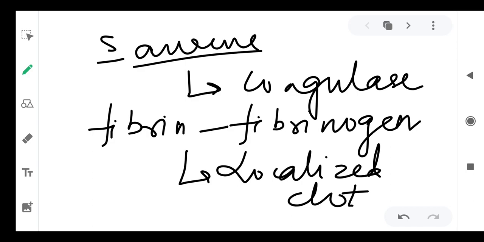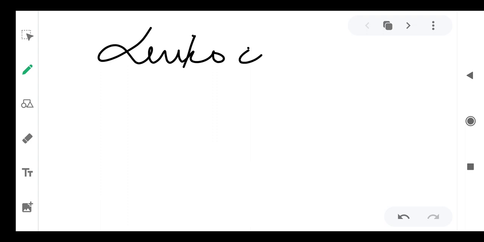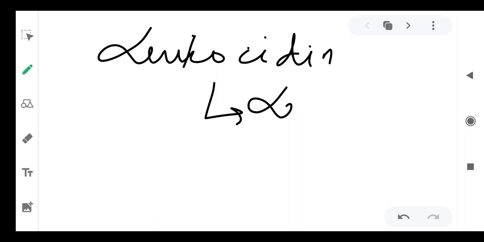Next is the production of leukocidin, which destroys leukocytes.